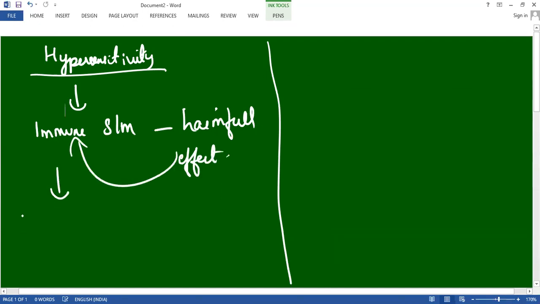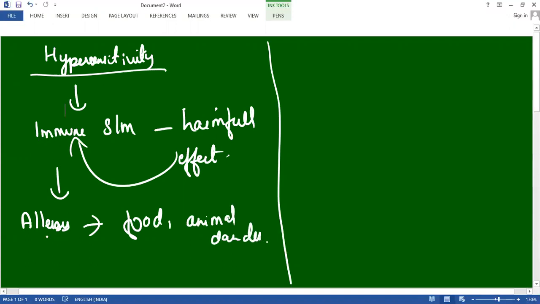This may be due to allergy, for example from food or animal dander, and autoimmune disease.